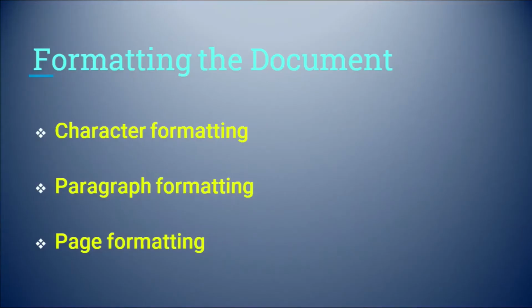Now, character formatting applies to the text basically, like if you want to change the color of particular text that you have written or the font size, that will be counted under character formatting. But if you want to change the alignments of the text that you have written, for example, left margin, right margin of the paragraph, or the spacing between the paragraphs, then it will be called paragraph formatting.